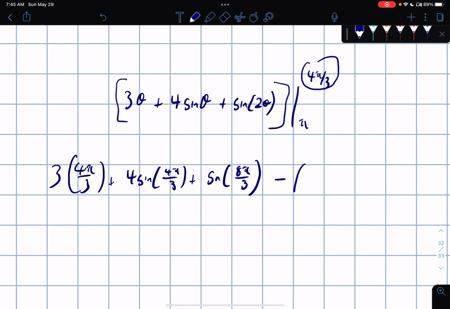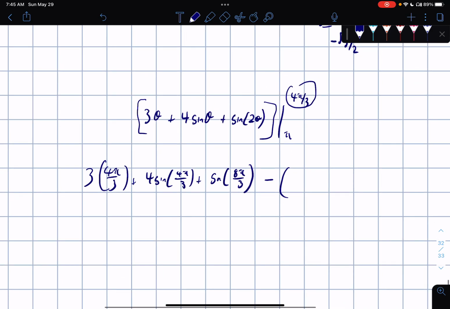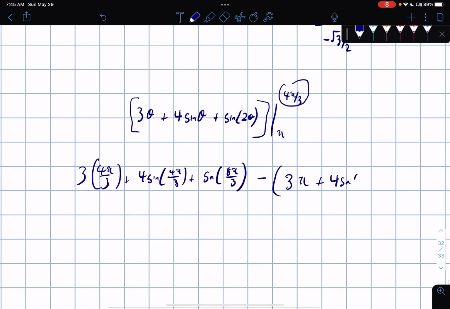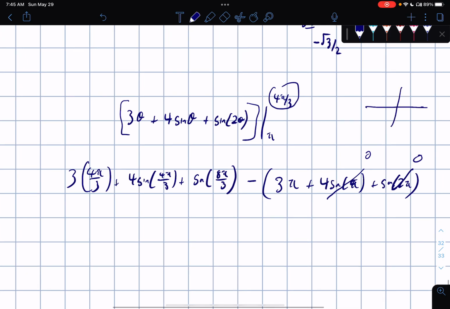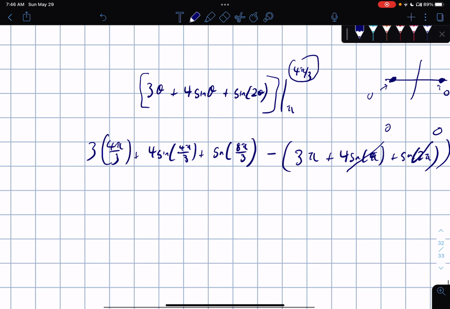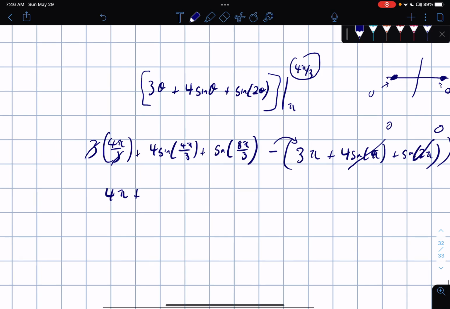So when we notice that, it's going to be 3 pi plus 4 sine of pi. But luckily for us, these two go to 0, because sine here is 0. Alright, so we got lucky there. So I can cancel these two. I'm going to get 4 pi plus, so this negative goes here.